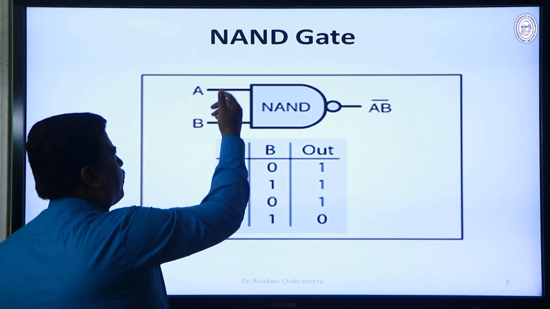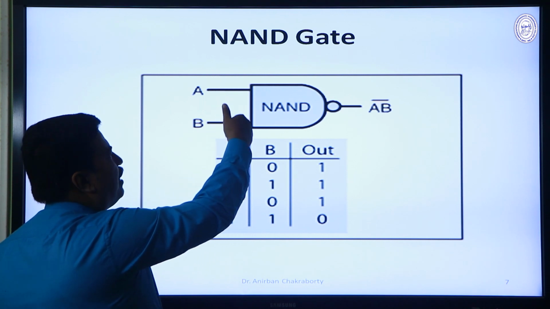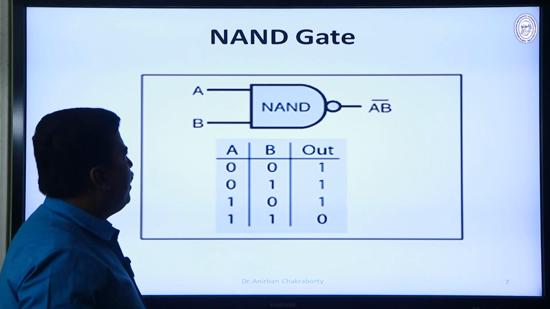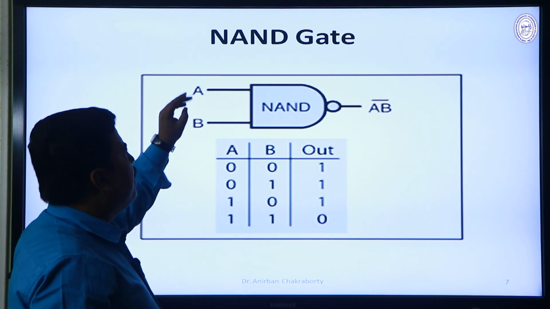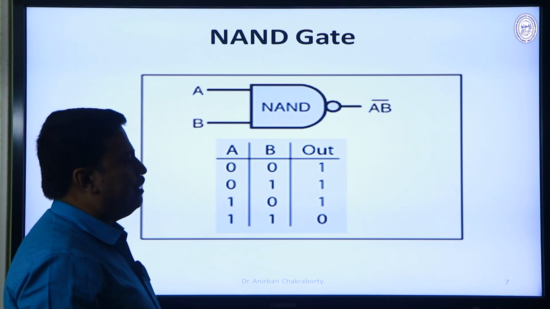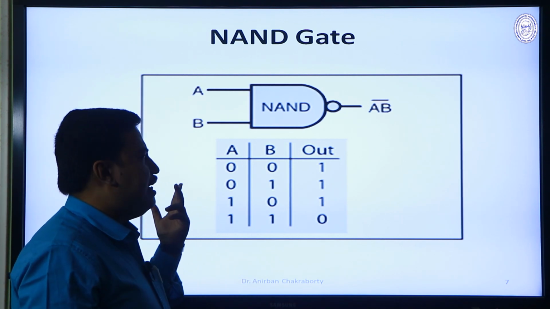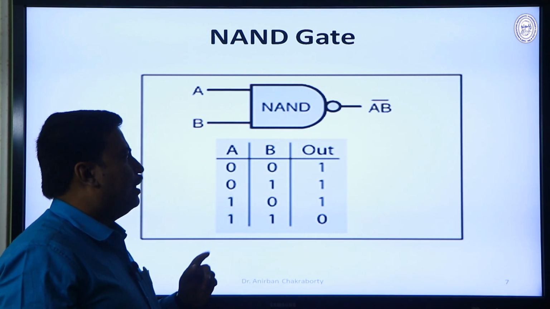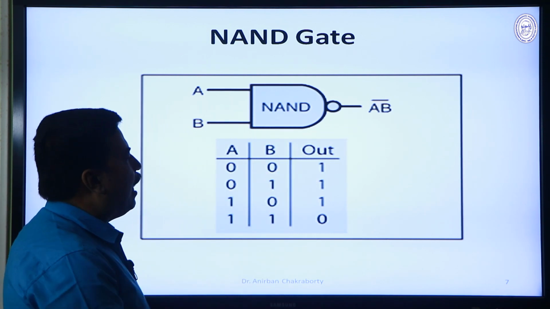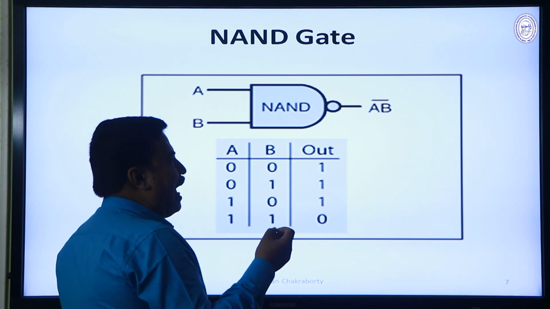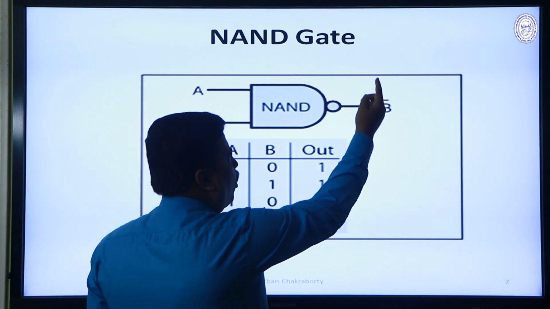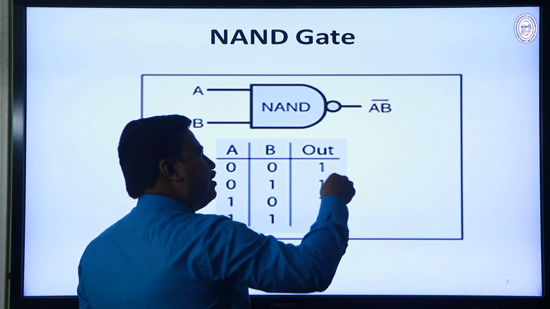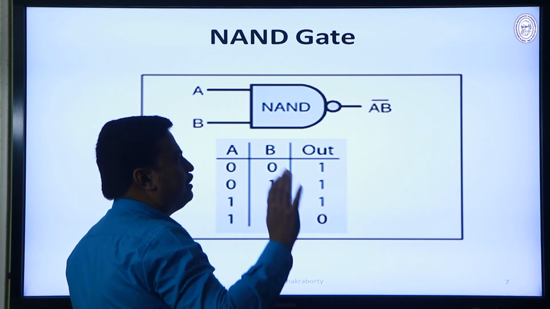The other properties are the same. Like the AND gate, it can have a minimum to maximum number of inputs as per your need, and the output obviously is 1. And how would it be represented? AND is represented as A dot B, and if we omit the dot, it is assumed that the dot is there.